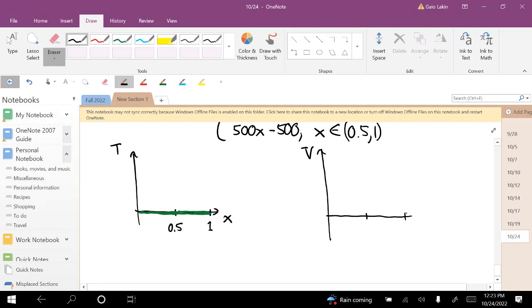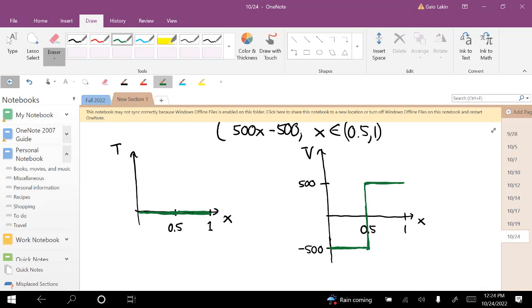V: there's negative 500 newtons, there's positive 500 newtons, and then people connect them like this. That makes you look like an insane person, but that's what everyone does. So that's not a function if you draw it like that.